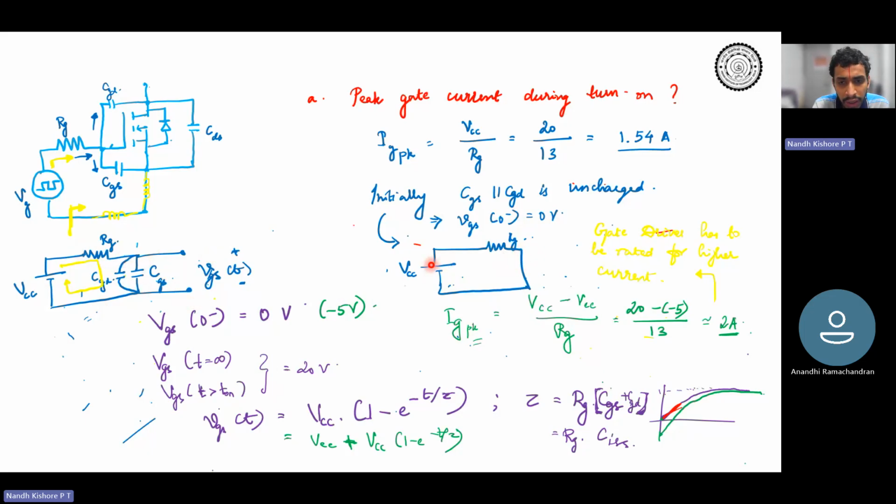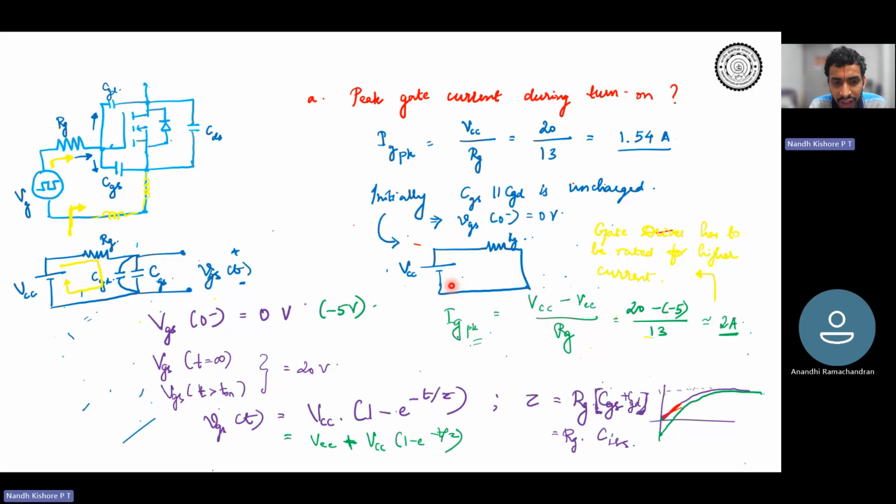VCC by RG would be the peak current, and as the capacitor accumulates charge across it, your gate current, or the current through the circuit, would go on decreasing and finally become almost close to zero when your VGS becomes charged to VCC.